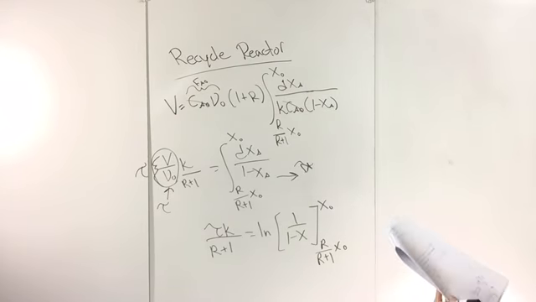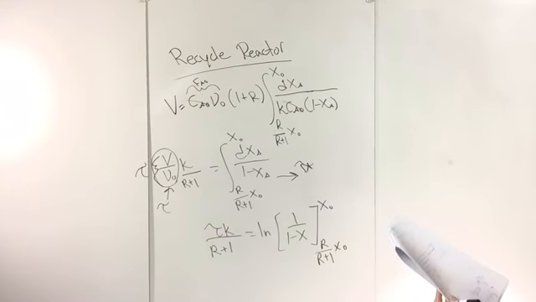Applying those limits, this is just algebra at this point, but I wanted to go through it because I felt like there was a lot of confusion with this. So tau k over R + 1 is equal to the natural log of 1 over 1 − X_0 minus the natural log of 1 over 1 − R over R + 1 X_0.